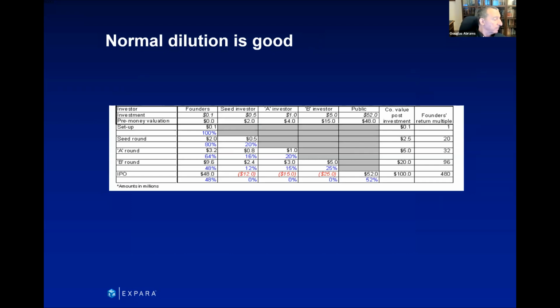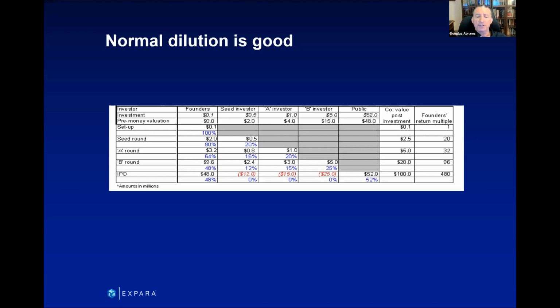Now, sometimes when we talk about dilution, entrepreneurs think dilution is bad. And some less sophisticated investors might even think dilution is bad.